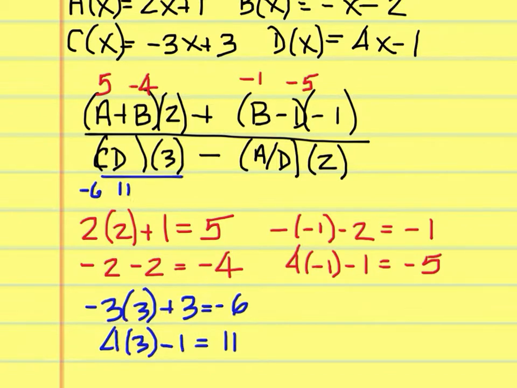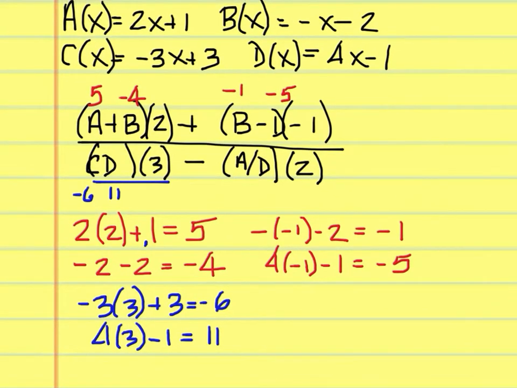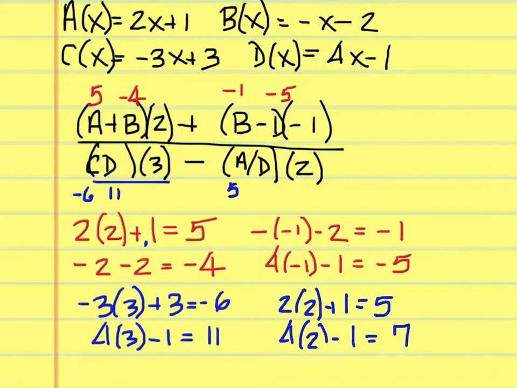Now let's go over to this side here. And if I put a 2 in for the a function, which I cannot see, there it is. If I put a 2 in for the a function, that's 2 times 2 plus 1, that's going to give me 5. And then put a 2 in for the d function, 4 times 2 minus 1 is going to be 7.